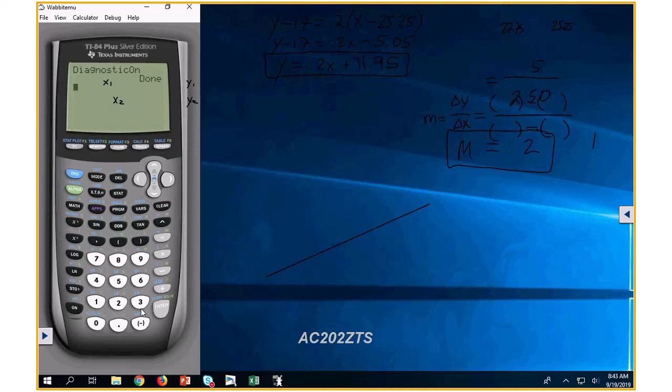Now go back and hit Stat, Calculate, Linear Regression, Calculate, and now you've got R. And that's what you need for my test. You need R. And that's how you turn your calculator to give you that information. Comprende? Any questions?